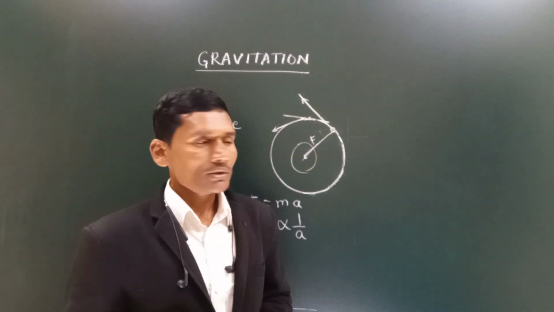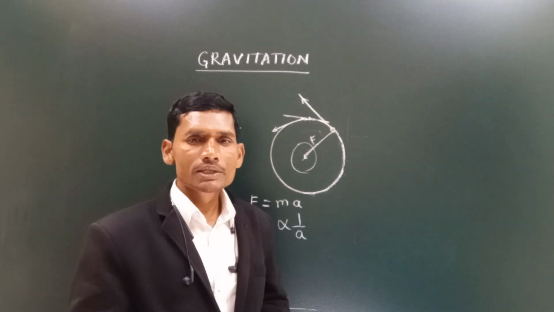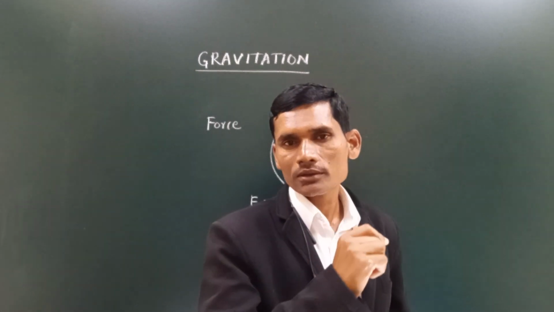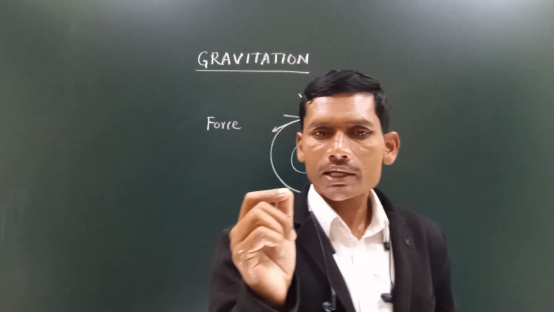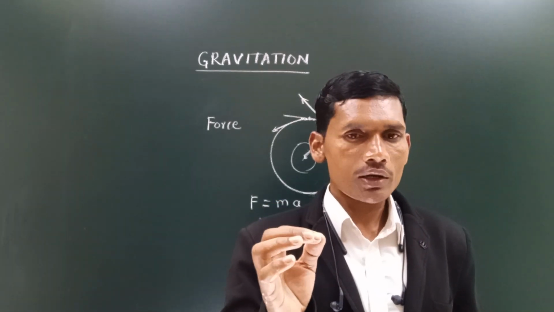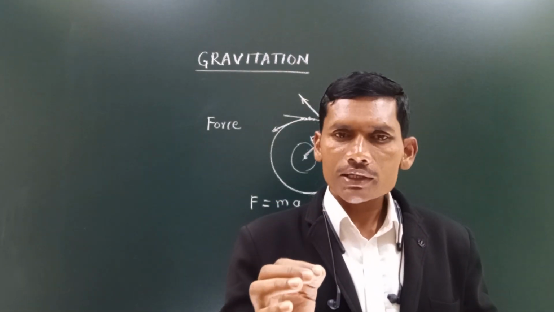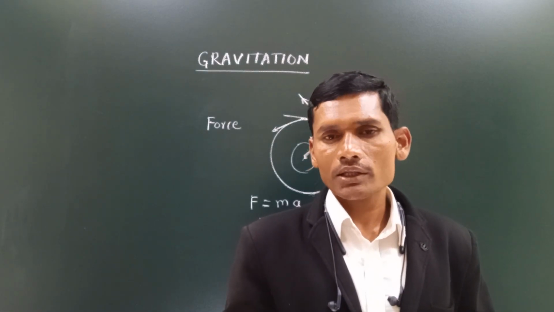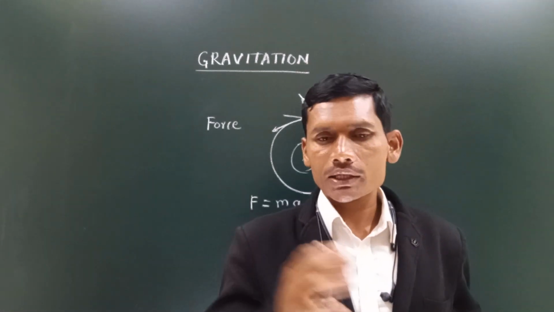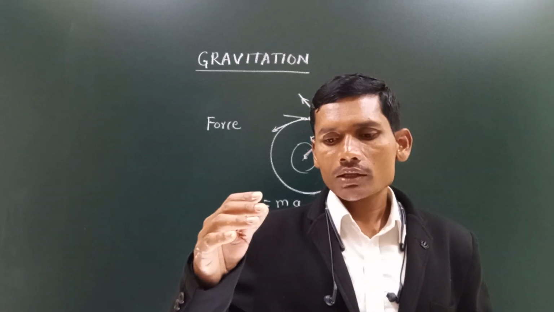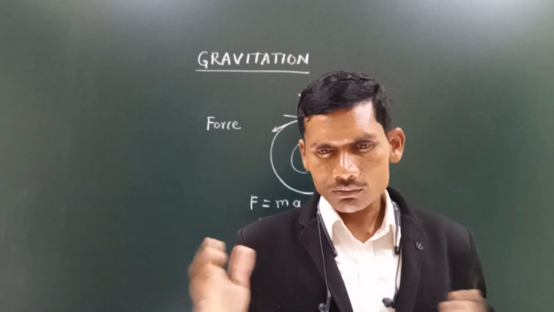He called this type of force, which is keeping all the planets moving around the sun, or all the satellites moving around the planets, gravitational force. And he said this is not only the force between the apple and the earth, and not only the force between the planets and the moon.